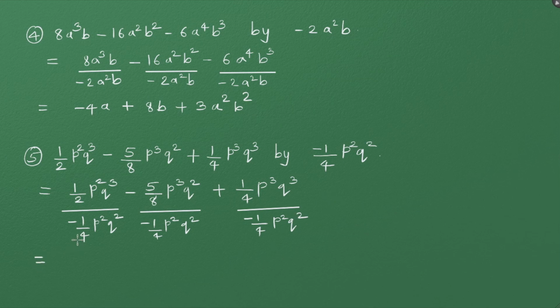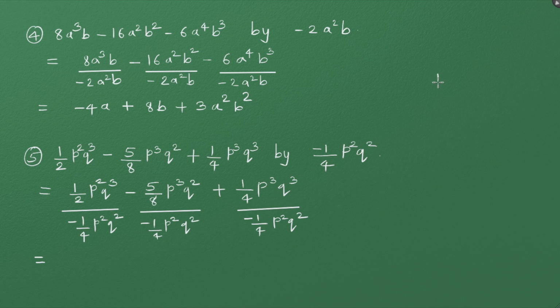So this equals, now take the quotient of this numerical coefficient as mentioned earlier. To divide one fraction with another is to multiply the first fraction with the reciprocal of the second fraction. Let's do it here.